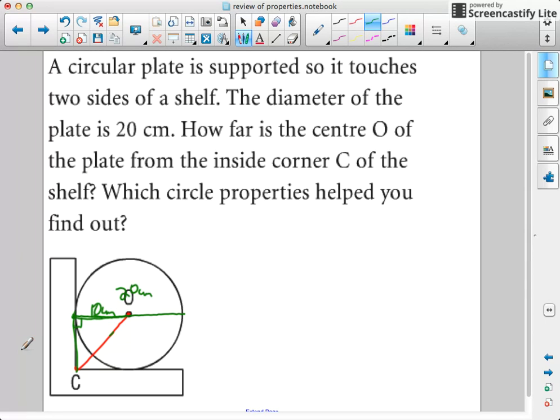Well, if that's 10, I know that that distance actually also has to be 10 because that's another radius. So now I have a right triangle, trying to find the hypotenuse. So all I really have to do is go c squared equals a squared plus b squared. Use my tens for that, and I can calculate that and find out that distance.